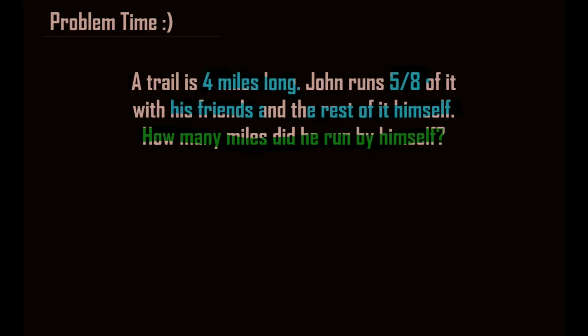Now we will use those details to find our answer. Because we don't have a fraction for how much he ran by himself, we will need to figure out how much he ran with his friends. So that means our hidden question, I'm going to write that down here. Hidden question.